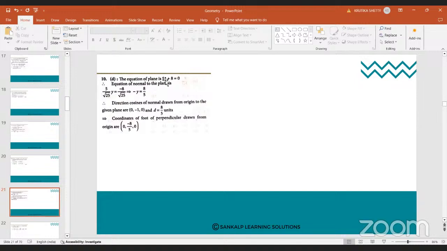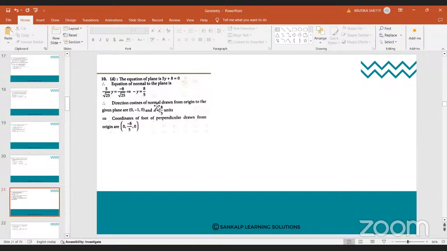The equation of the plane is 5y plus 8 equal to 0. Dividing by root 25, y is equal to minus 8 upon 5, so minus y will be equal to 8 upon 5.